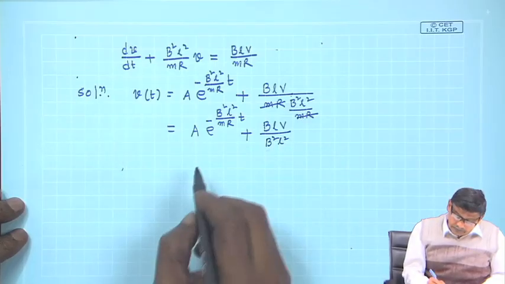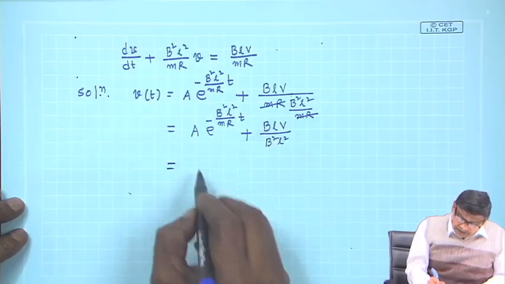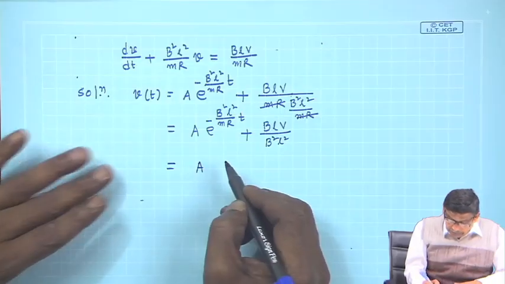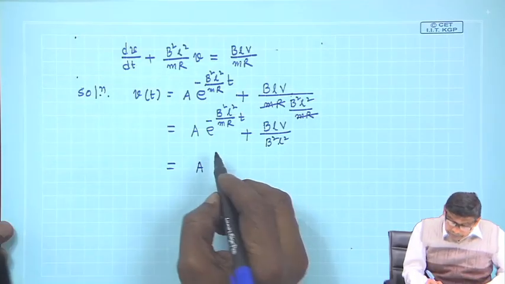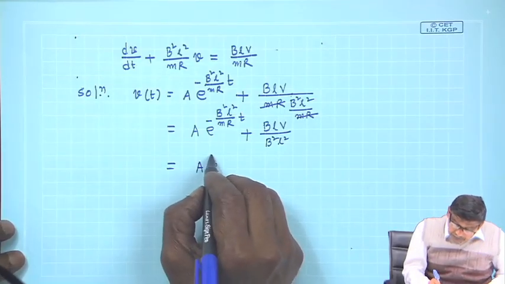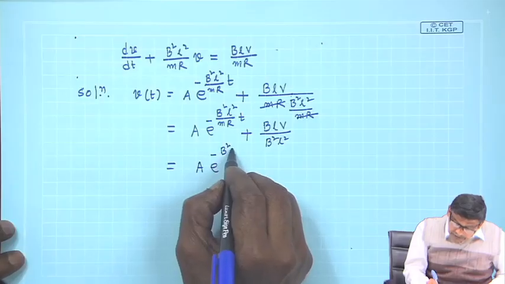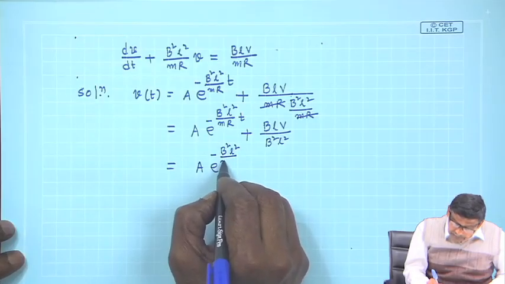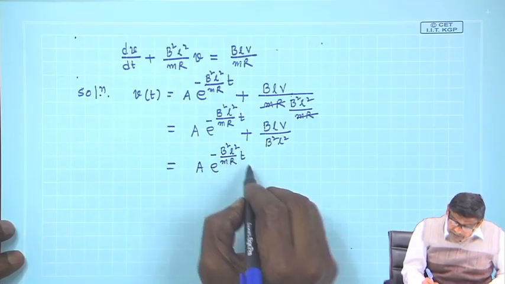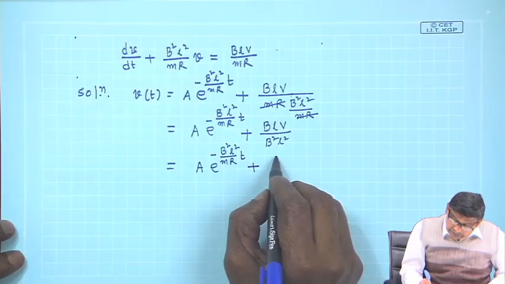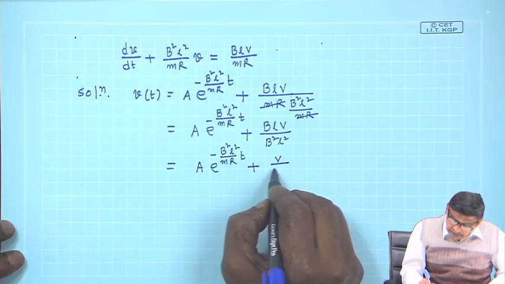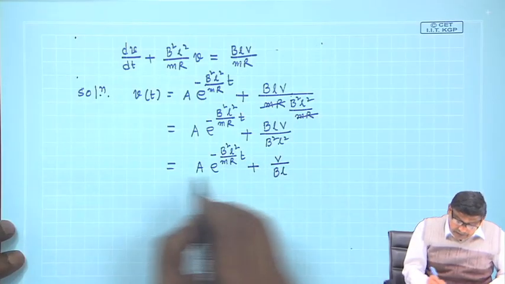I could cancel that out. So, this will be equal to A into e to the power minus b square L square by m r into t plus V by b L. This is the thing.